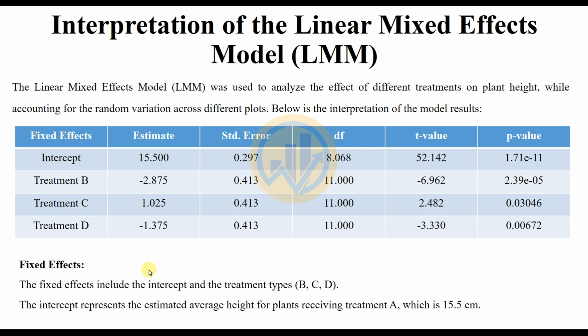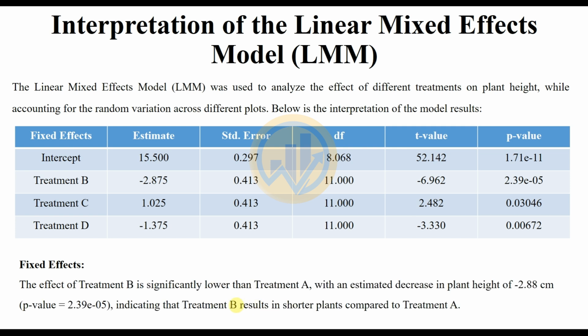The fixed effects indicate the intercept and the treatment types B, C, D. The intercept represents the estimated average height of plants receiving treatment A, which is 15.5 centimeters.